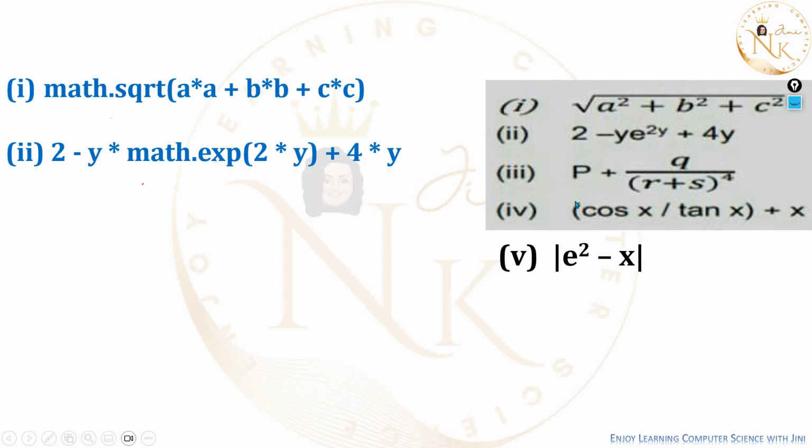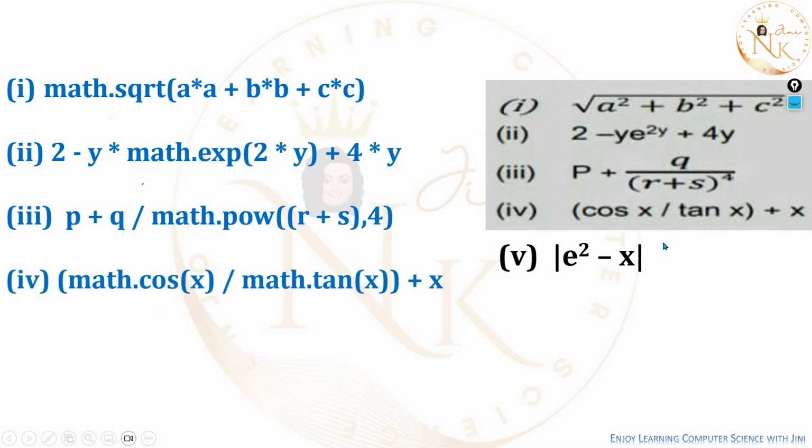Next one, p plus q, division means slash, power: math.pow of r plus s, comma 4. So p plus q slash math.pow of r plus s, comma 4.